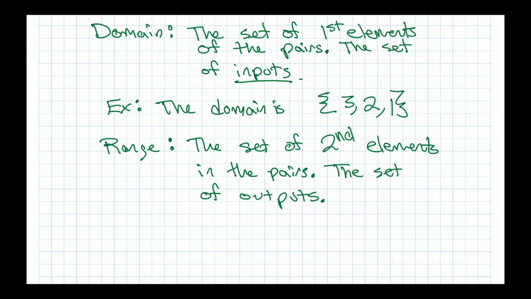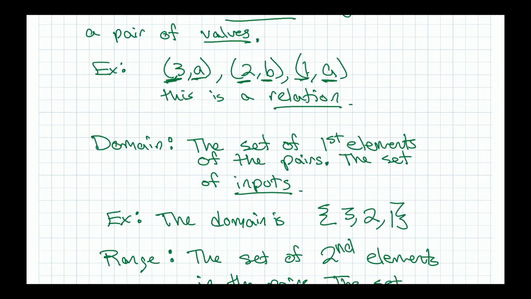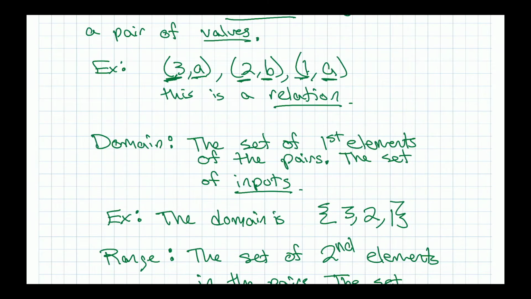So if I go back to my example and say what is the range, it is a set, so curly braces for a set, that's why I'm writing it that way. And we want all of the second elements of the set. So let's look at it. What are the second elements? A, B, and A. Well, we don't have to say A twice.